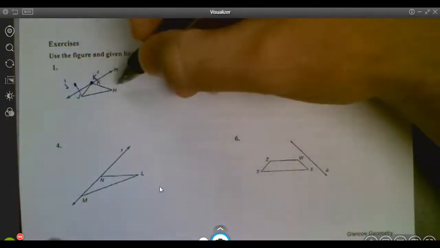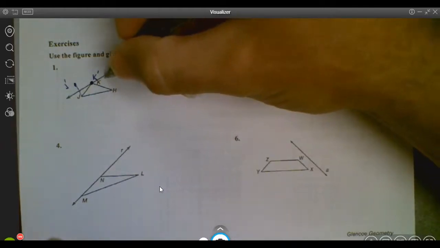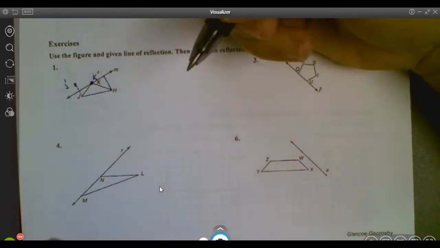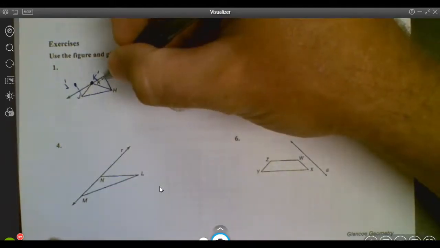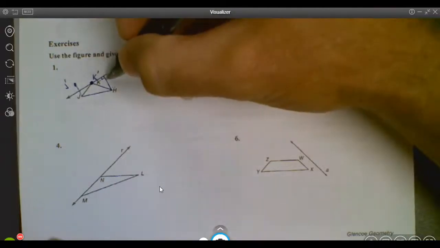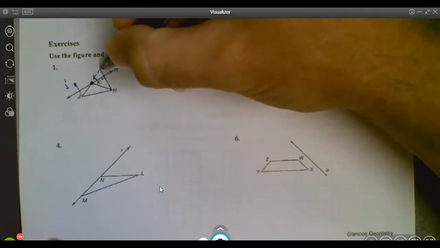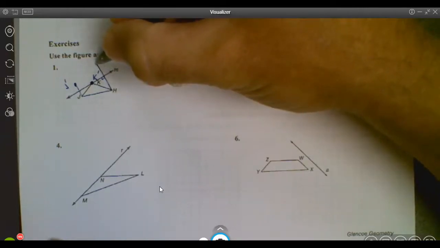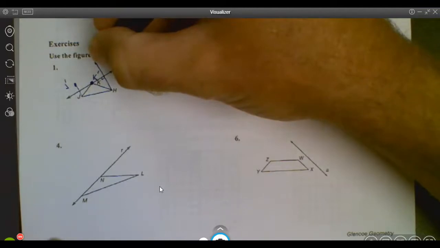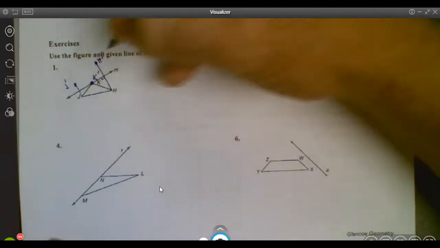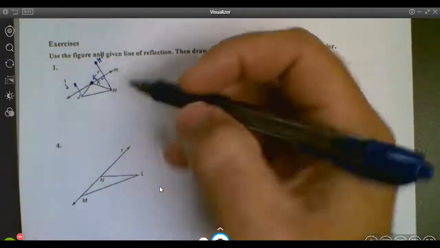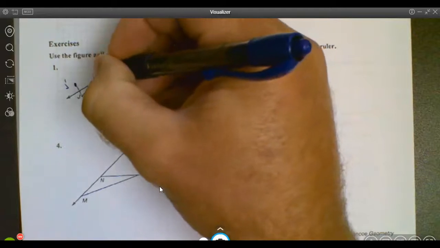So let's do the same thing with point H. So I'm going to draw a perpendicular line as best as I can to my line of reflection. So that should be a perpendicular line. I'm going to try to match that same length on the other side. So I'm going to go directly across as best as I can, about the same length. Here is H prime. So those are my 3 image points if I just connect the dots.